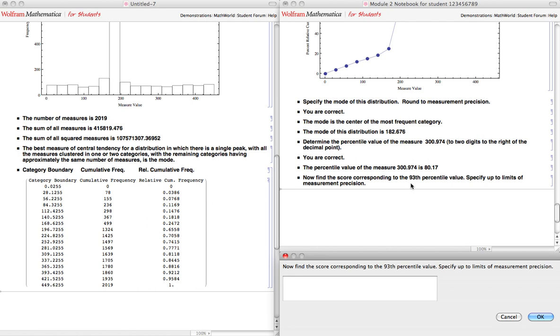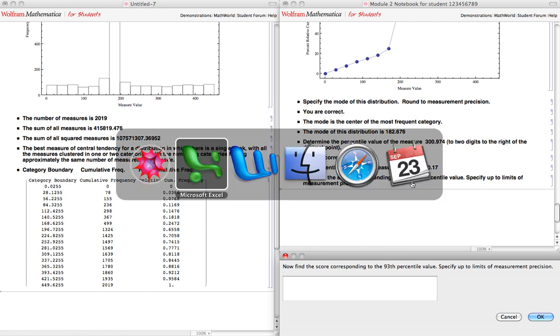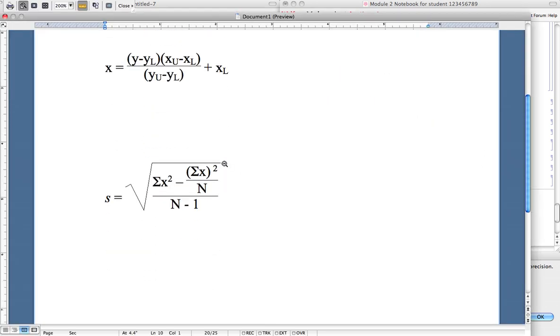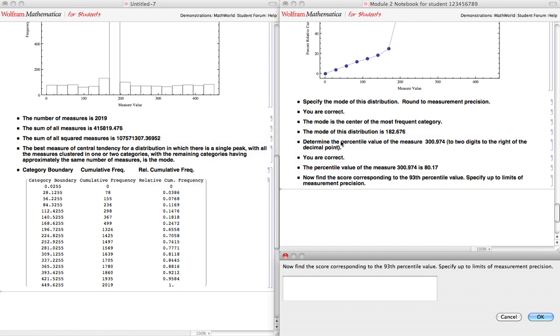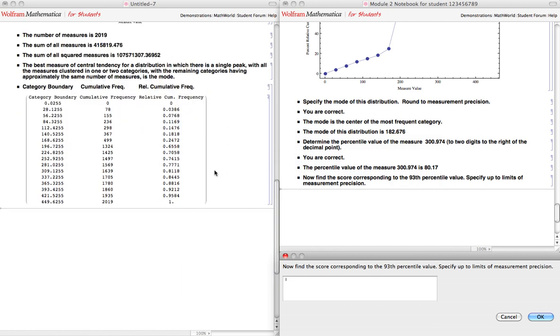So in this case, what I'm given is a y coordinate, and I'm solving for x using exactly this equation, which I've now programmed into Excel. The 93rd percentile, if I look at this table, it's not on the table, but it's between 0.9584 and 0.9212.